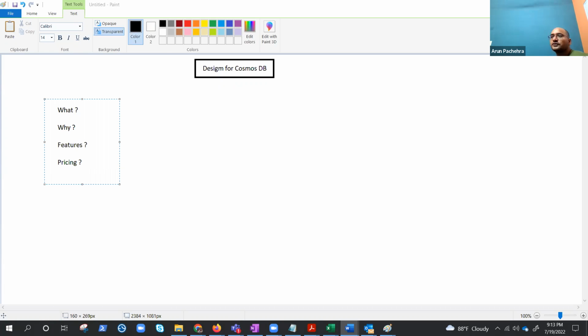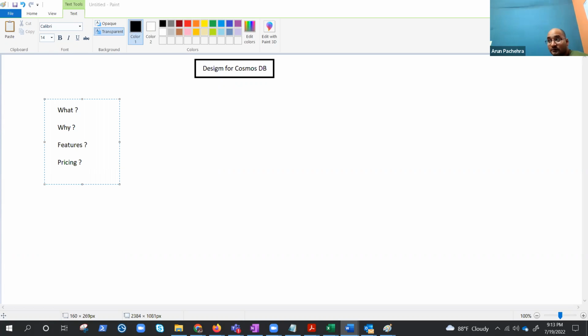So Azure Cosmos DB is a PaaS service, a fully managed NoSQL database service. It's not SQL, it's NoSQL. We store semi-structured and unstructured data, and this service is used for modern application development.